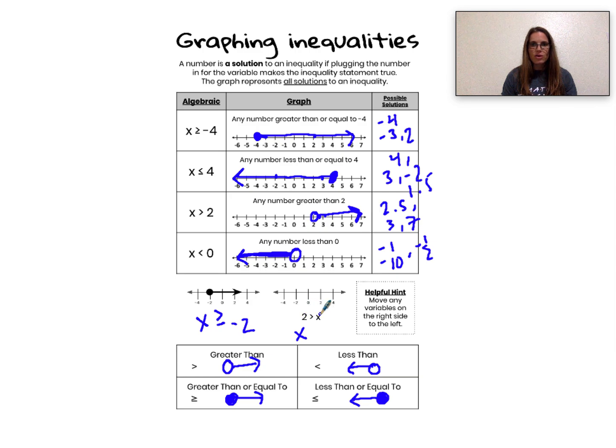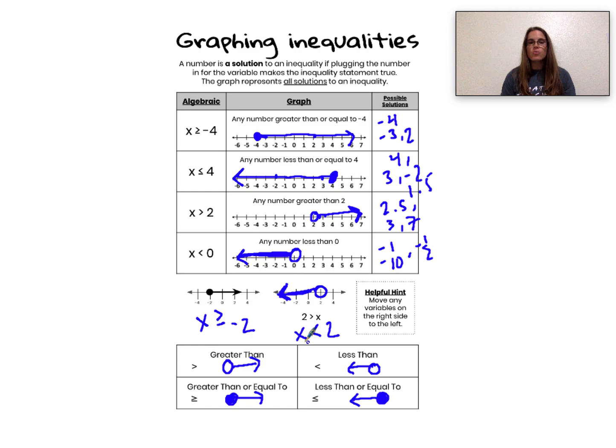This says 2 is greater than x. That's the same as saying x is less than 2, making sure that the inequality is still making the same statement. So here the alligator eats the 2, it's still eating the 2. So x is less than 2 allows me to graph this without making any mistakes, with an open circle at 2 and then an arrow to the left.